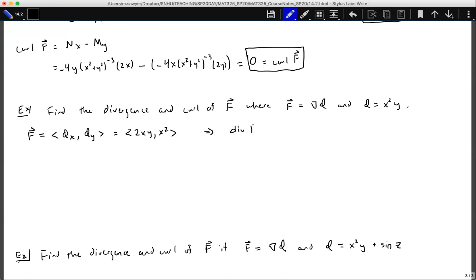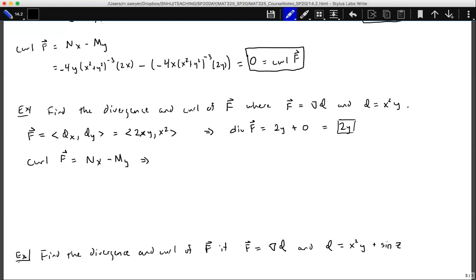So my divergence of F, I take the partial with respect to x of the first component, which is 2y, plus the partial with respect to y of the second component, which is 0. So my divergence is equal to 2y. And now my curl of F, I can use again the same property, N sub x minus M sub y.